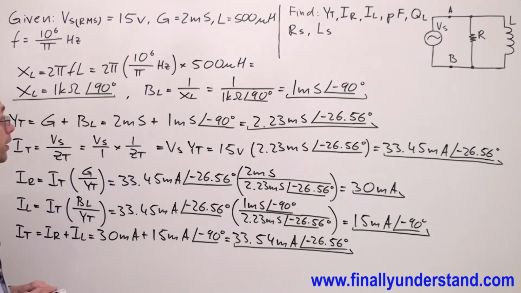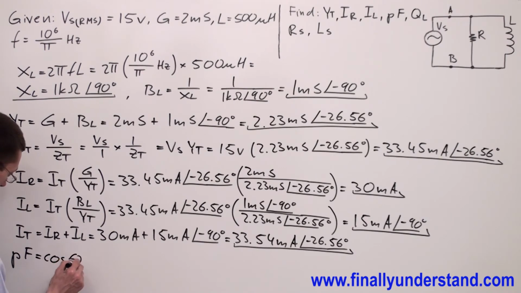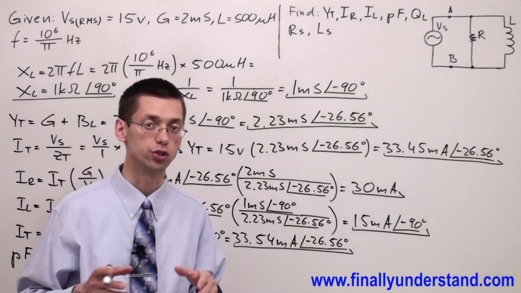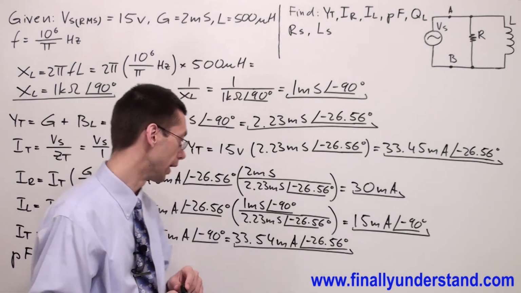So we can continue. Next we're supposed to find the power factor. Power factor is equal to the cosine of angle theta, and this angle is the angle which is next to Z total or Y total.